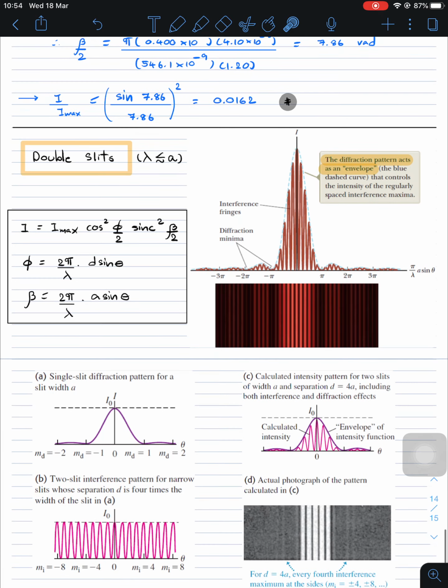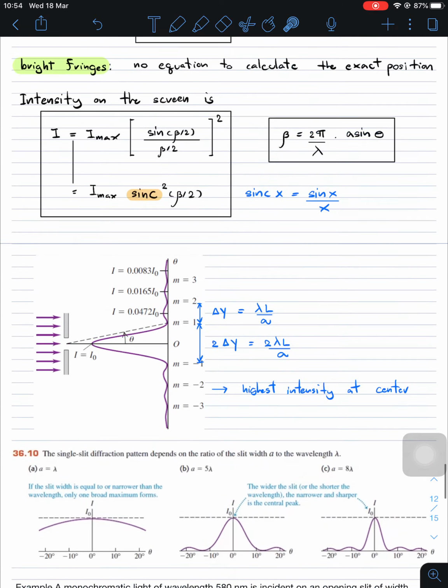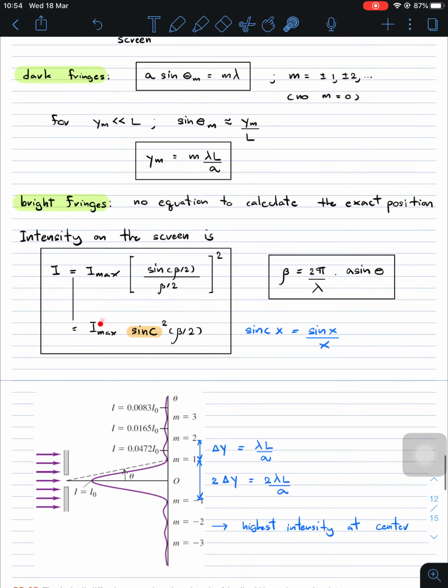It means that we can compute the intensity at each position using this equation. So we need to combine the intensity from the interference of the Young double slit and the diffraction from the single slit.